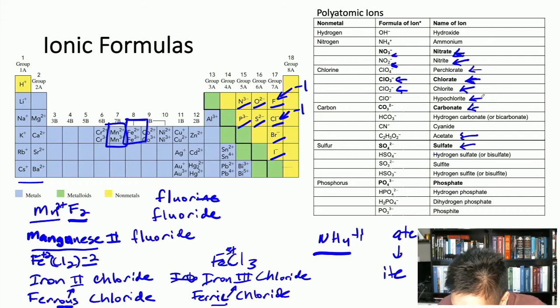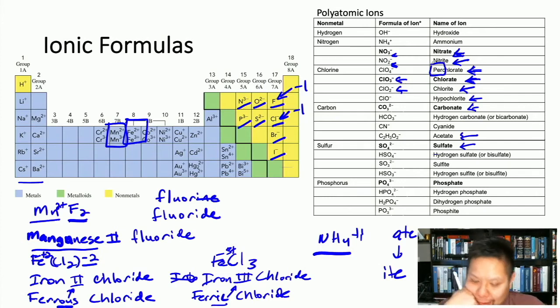Now, if you go the other direction, from chlorate, which is ClO3 minus, and it gains an oxygen, it becomes perchlorate. The thing to remember is that per generally means extra oxygen. A good example is hydrogen peroxide.